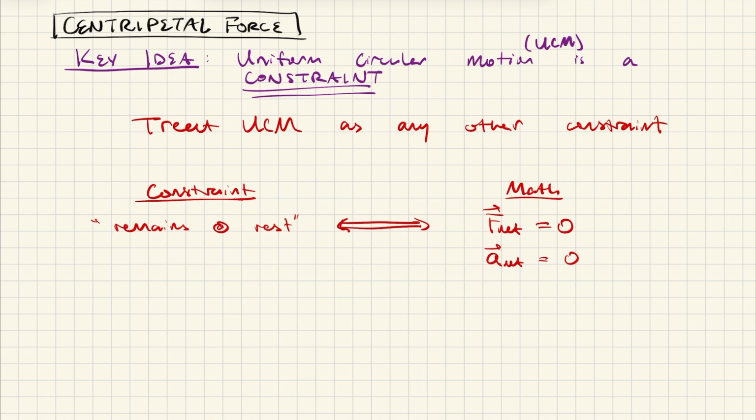Similarly, if a problem tells you that something is undergoing UCM, in other words, driving in a circle of radius r at some speed v, where notably we have not had the vector arrow, right? This is just the magnitude.